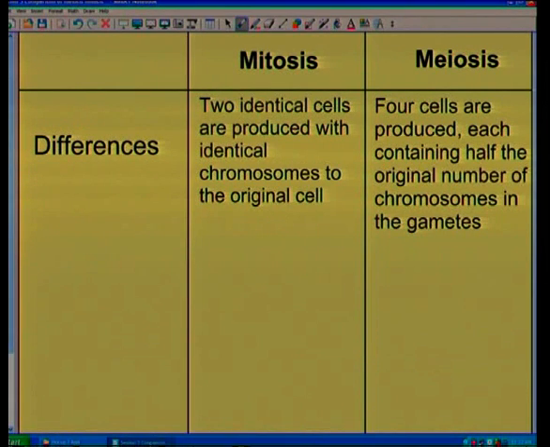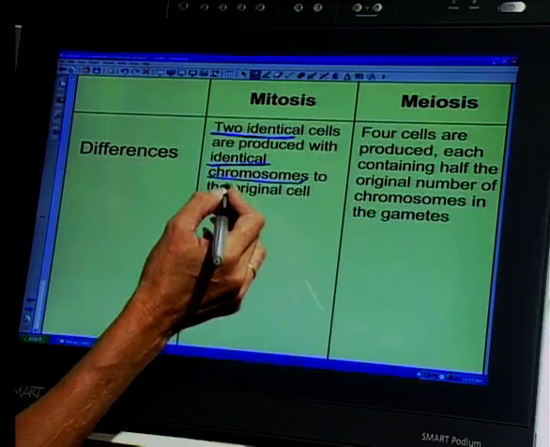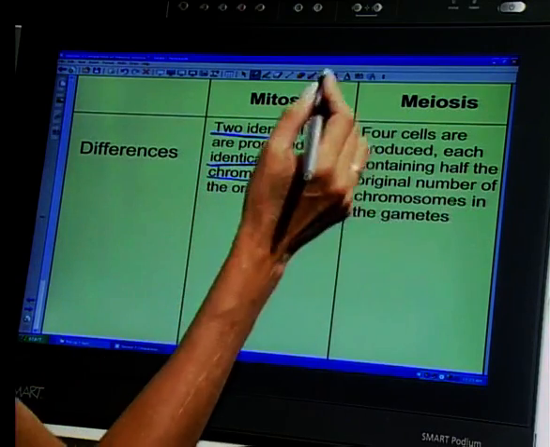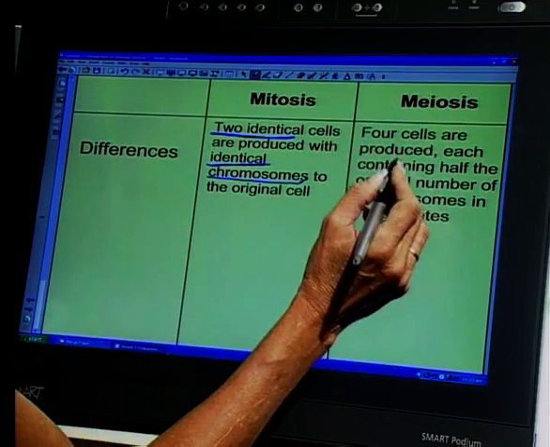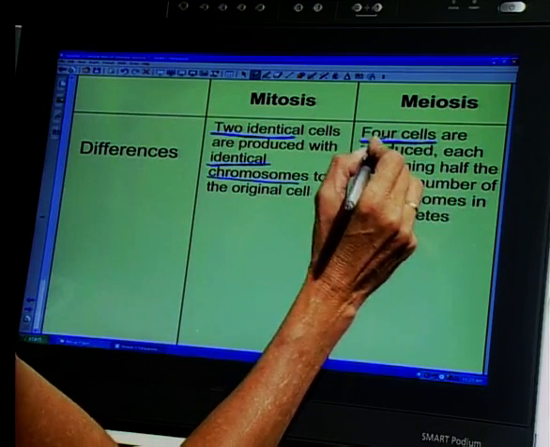Another difference is that in mitosis two identical cells are produced. They are always two identical daughter cells, with identical chromosomes to the original cell. If this didn't happen, we would have a huge problem because we would end up with heart cells on our cheek. Now, in meiosis, 4 cells are produced, but look at this.